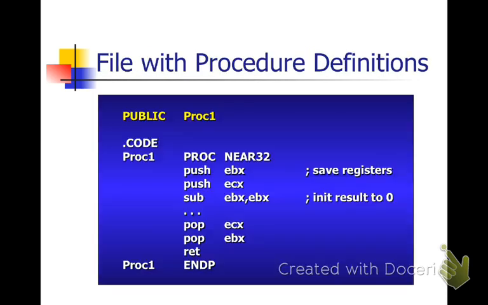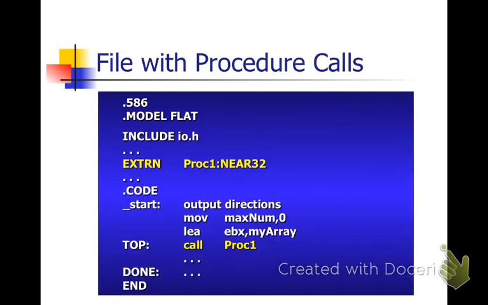Okay, so let me show you what this actually looks like. In the file with the function definitions, you'll see the public directive for procedure 1. This gives this identifier scope outside of the file. Here's the definition itself, okay? And then in the calling code, I want to call this. So before I get to my starting point in this piece of code, I've got to have my prototype, something that defines these symbols that I'm going to be using right here.